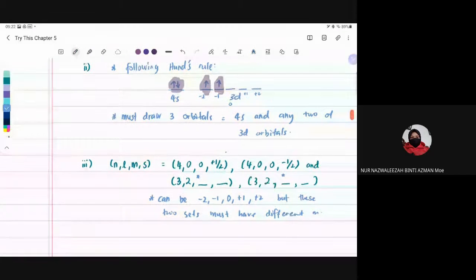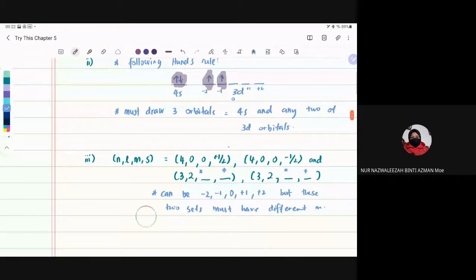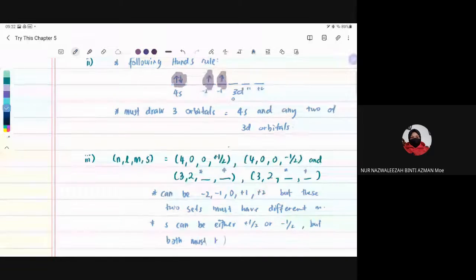And then, ni saya letak simbol berbeza pula. Kalau yang simbol macam ni, dekat sini s dia, s can be either positive half or negative half, but both must have same spin.